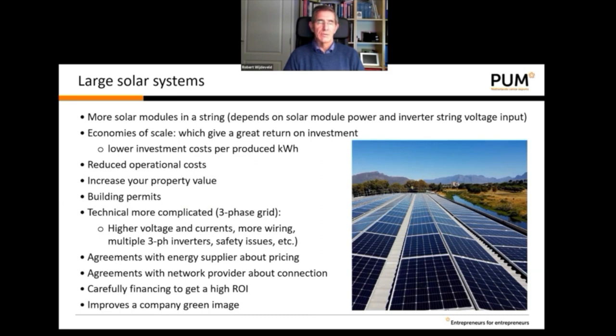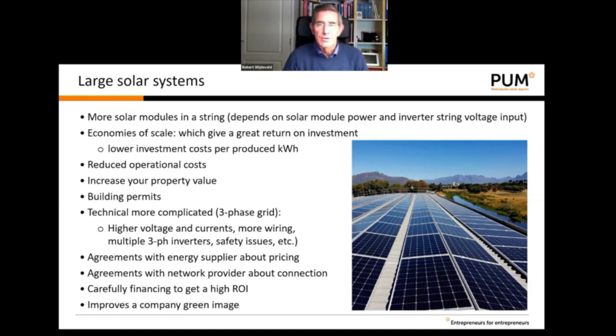You cannot connect endless solar modules in series, because as you learned in the first lesson, the voltage will add up if you connect modules in series, and an inverter can handle a certain input voltage.